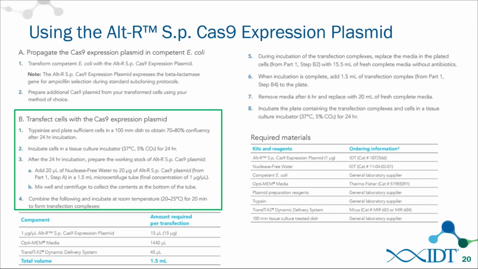We do the plasmid transfections as a forward transfection. That is, the cells are plated 24 hours prior to transfection, or at least overnight, so they're allowed to become adherent to the plate and reach about 70 to 80% confluency, in this case, once again, in the 100 millimeter dish.